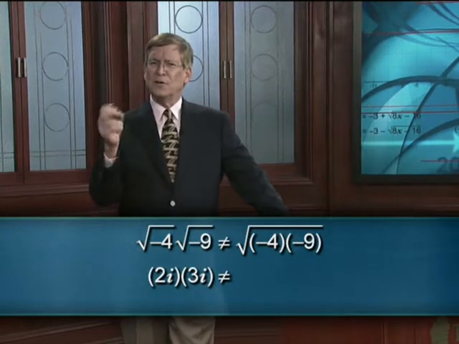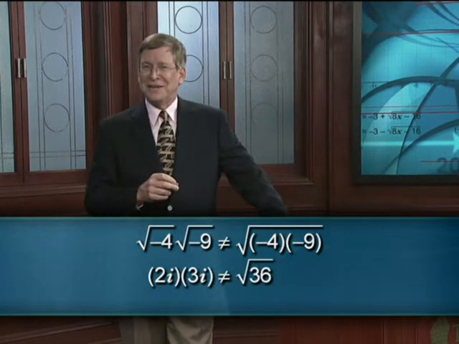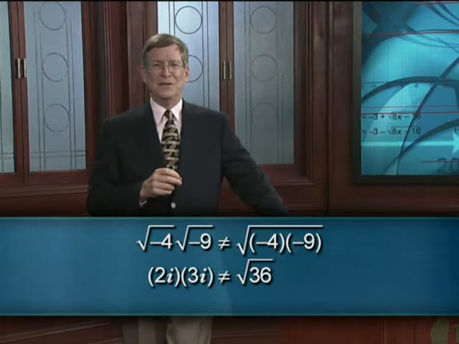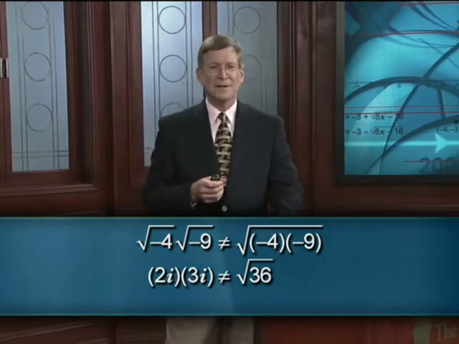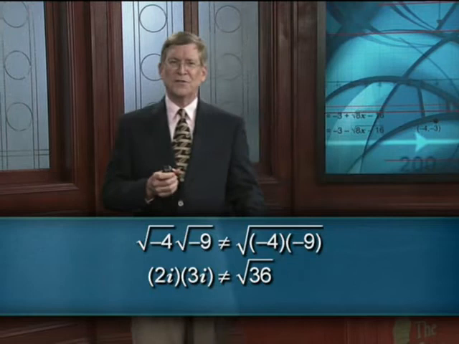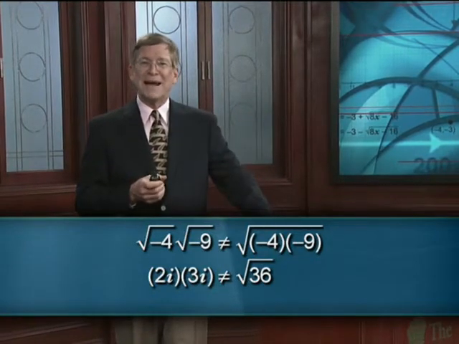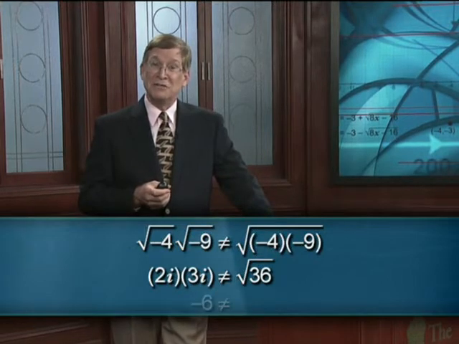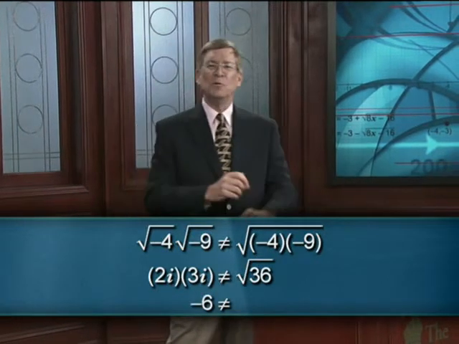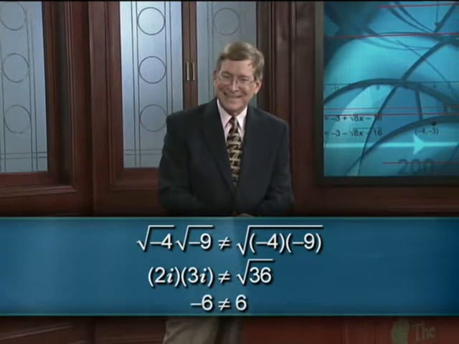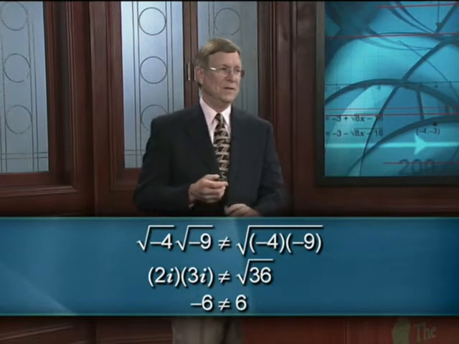Well, -4 times -9 is 36. So the right-hand side is square root of 36. Okay, what's the left-hand side? 2 times 3 is 6. i times i is -1. The left-hand side is -6, but the square root of 36 is 6, so they aren't equal to each other.